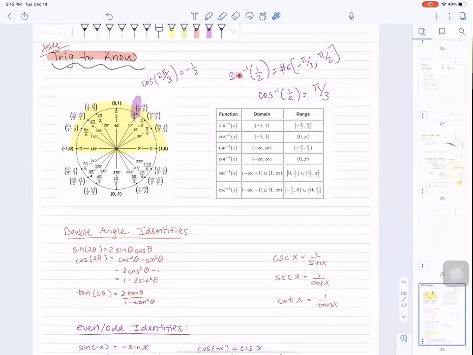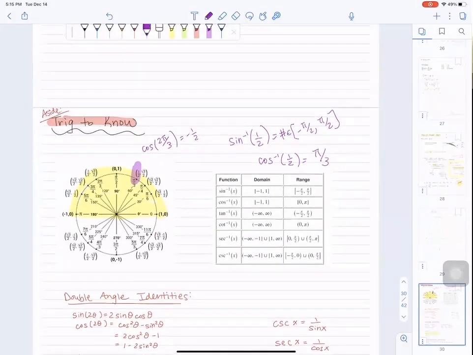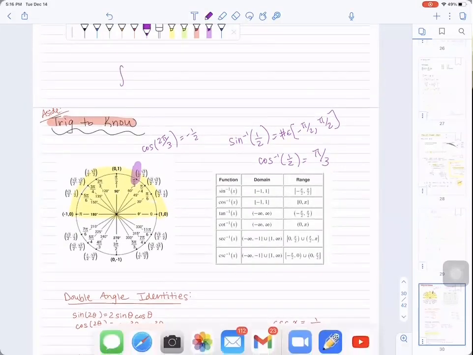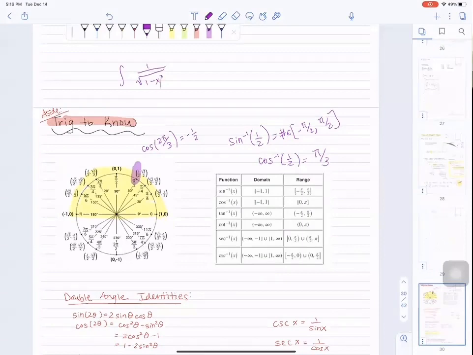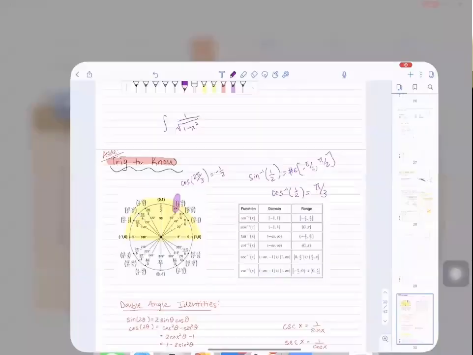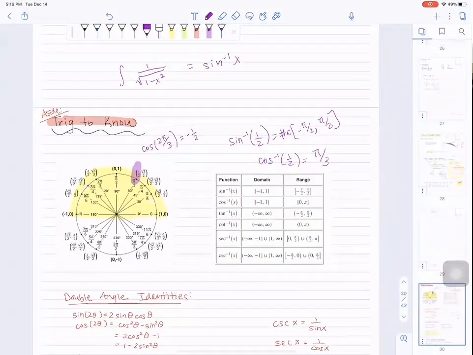I know some people ask how you do inverse trig. So if it had a question like find the integral of 1 over square root of 1 minus x squared from some number to some number, you would find that it's inverse sine x evaluated at those numbers.